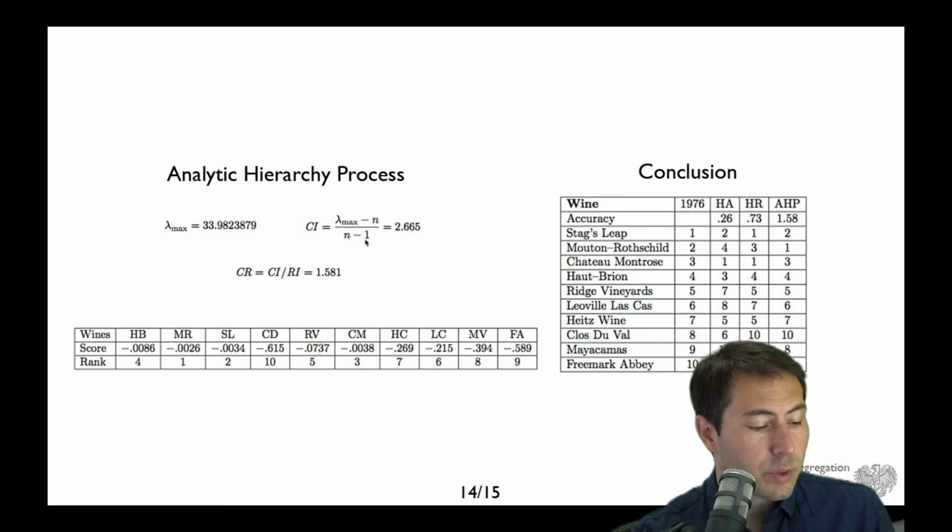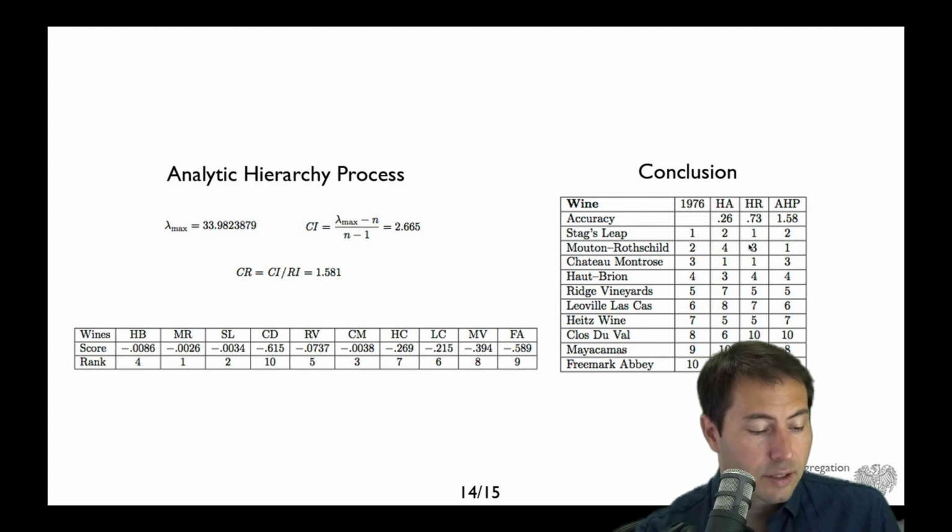And then we can use AHP to do something similar. Again, the consistency ratio here is 1.58. The conclusion, and this is probably the graph that sums up the most, again, not so much accuracy, but rather consistency, is that the 1976 had this value of 1, 2, 3, 4, 5, 6, 7, 8, 9, 10.